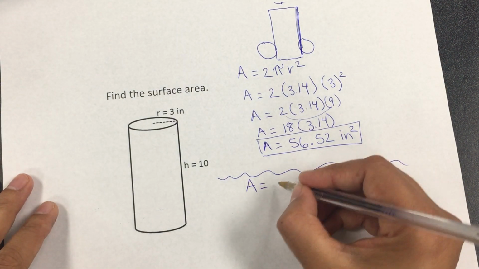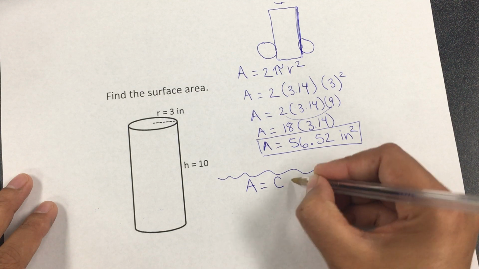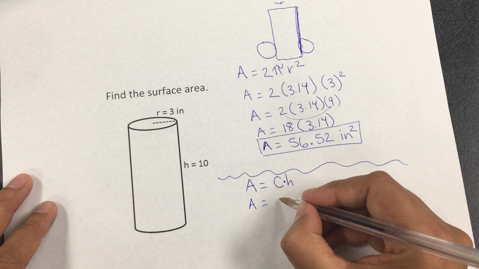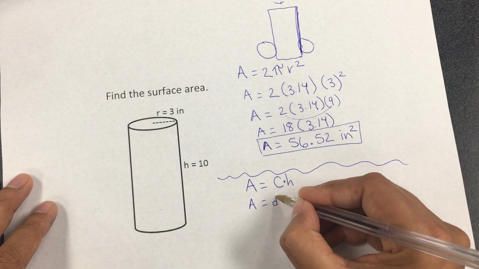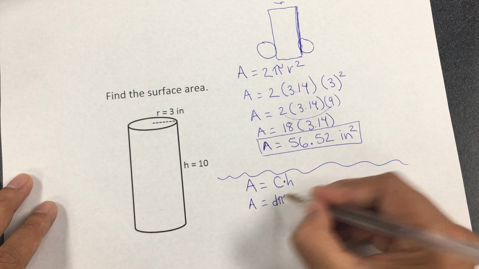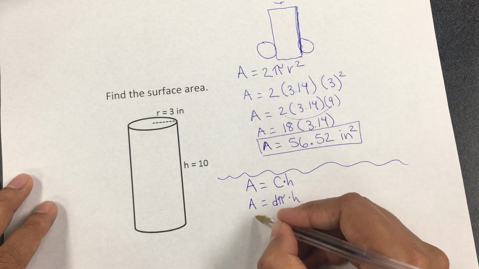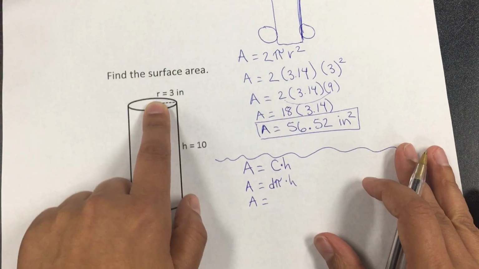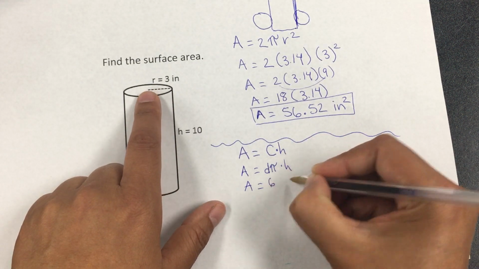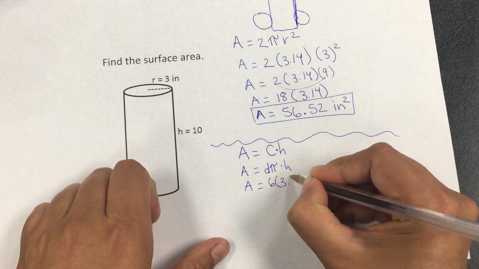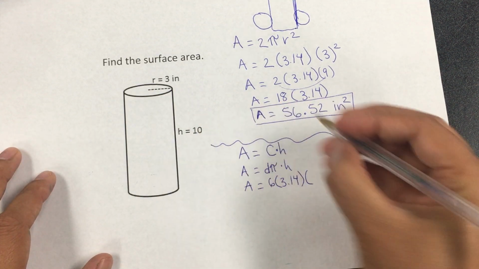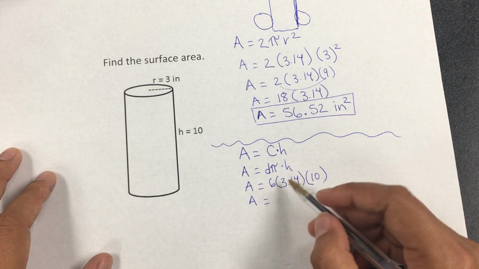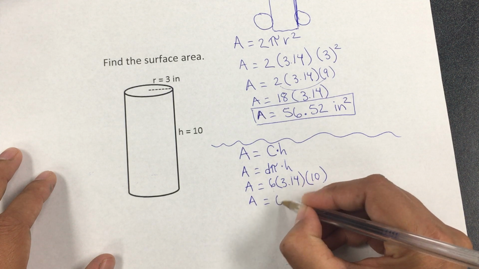So A is equal to circumference times the height. We know that circumference is D times pi, and times height. D is the diameter. If the radius is 3, the diameter will be 6. Pi is 3.14 and the height is 10. I can do 6 times 10 first, which is 60.